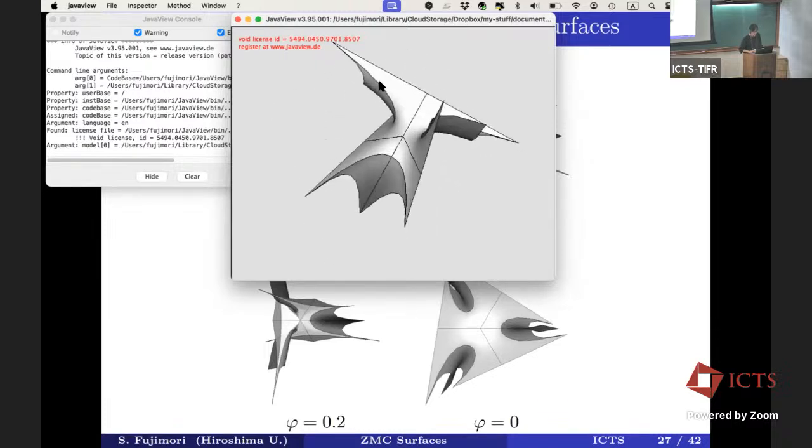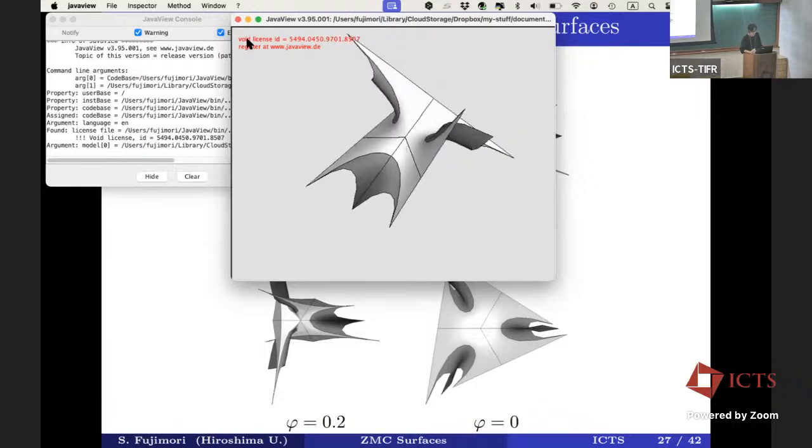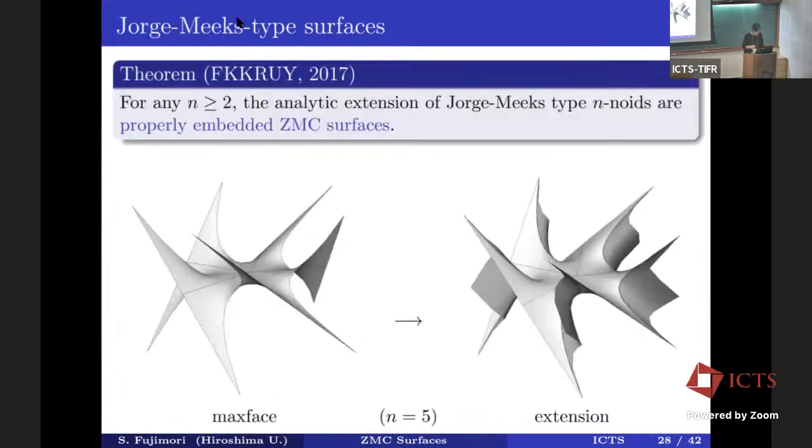The outside black part is time-like, and the inside white part is space-like. So we start from the Schwarz H type surface, a 1-parameter family. Then as a limit, we have the Karcher type. Then further, we can deform, and we get the Gergonne type surface.